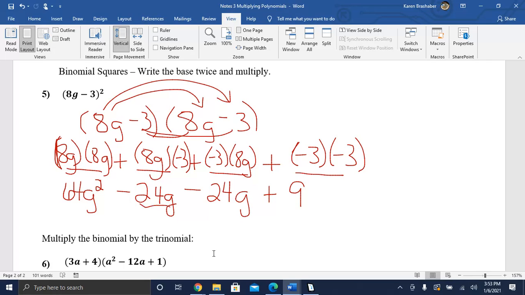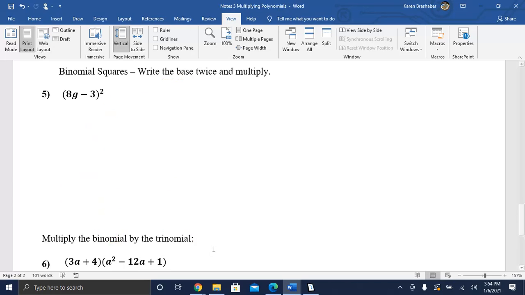So the middle two terms do not cancel. They instead will combine. So 64g to the second minus 48g plus 9. And we have one more to go, and we will finish that one up in just a moment.